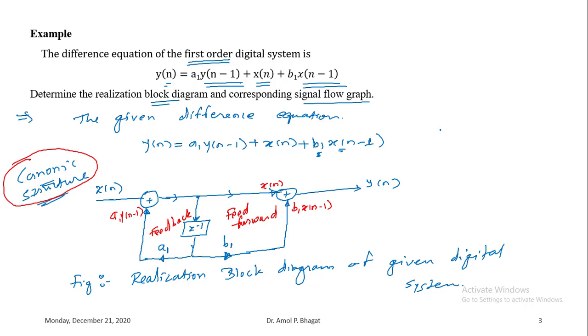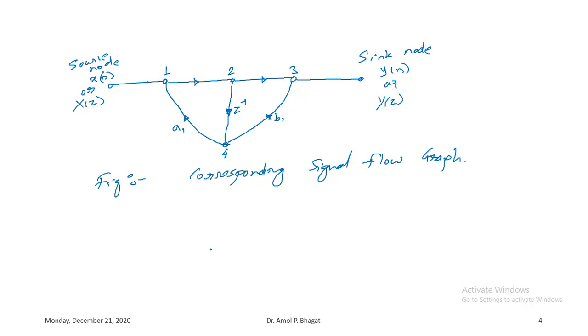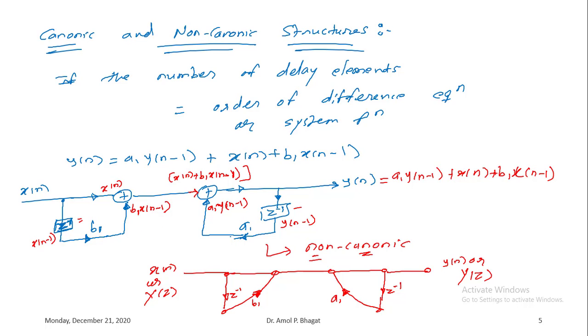For example, in this canonic structure only a single delay element is there, while two adders and two constant multipliers are there. While in this case you can observe two adders, two constant multipliers, and two delay elements. So one more delay element is required in this non-canonic structure.